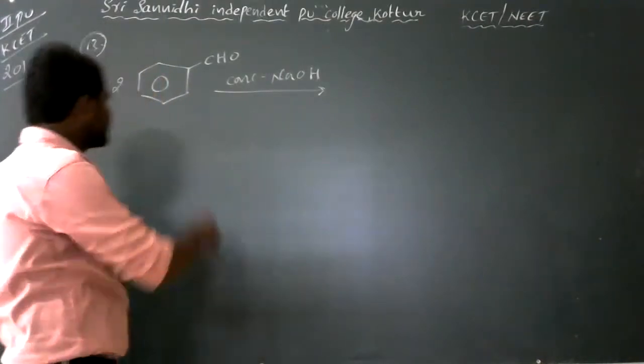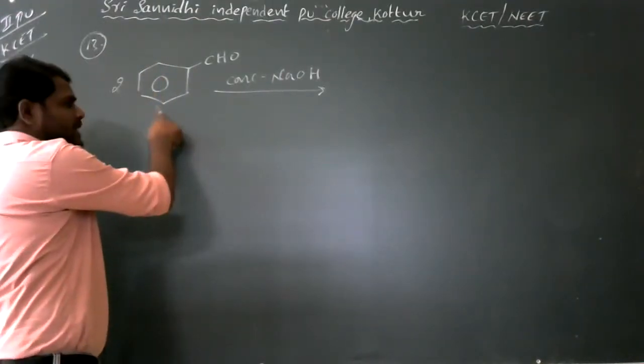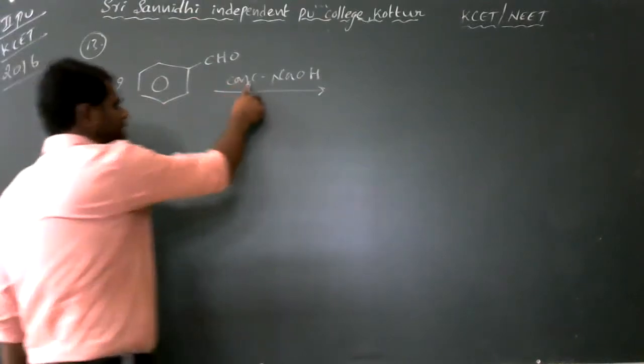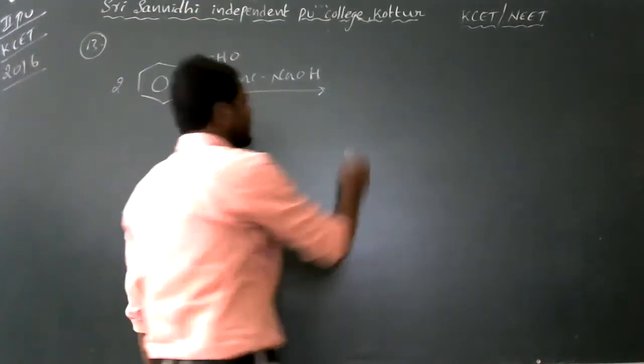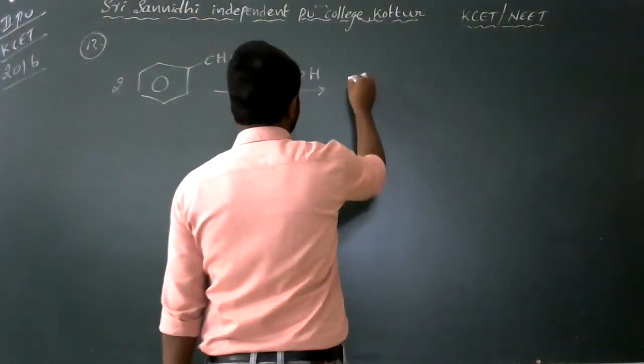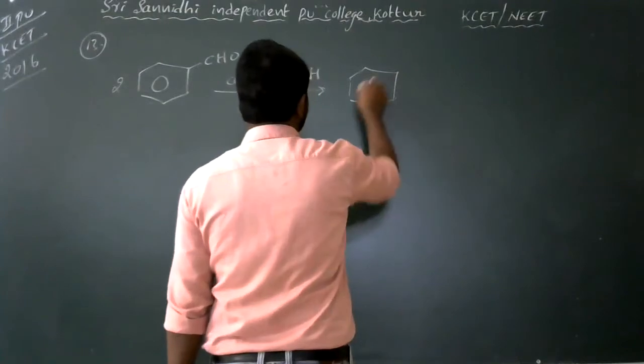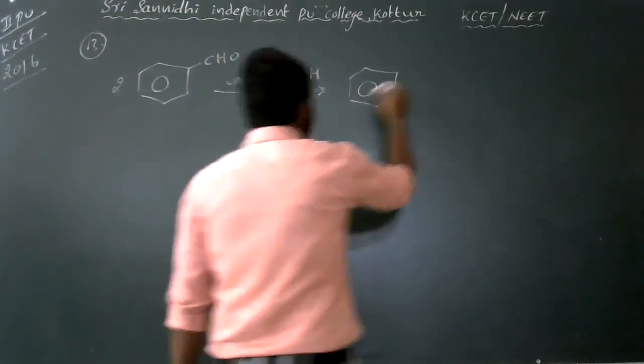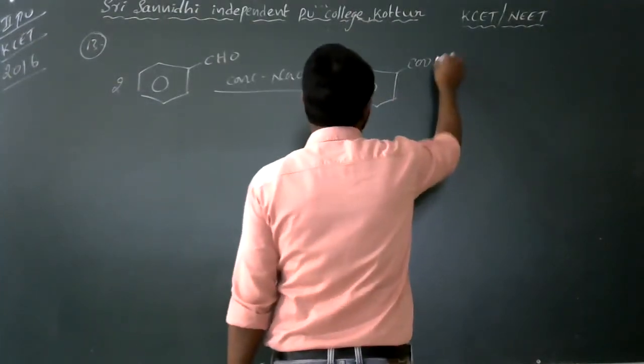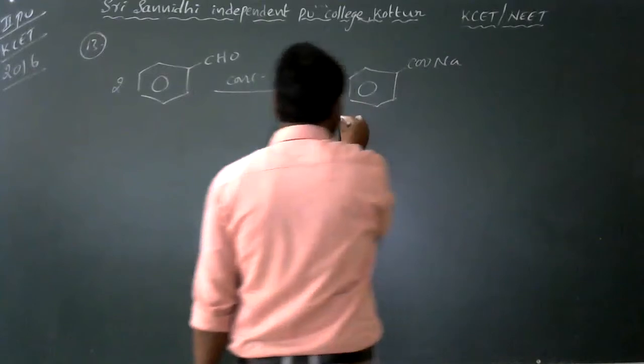According to the question, benzene carbaldehyde is treated with concentrated NaOH in the Cannizzaro reaction. One product formed is the sodium salt of the carboxylic acid, called sodium benzoate.